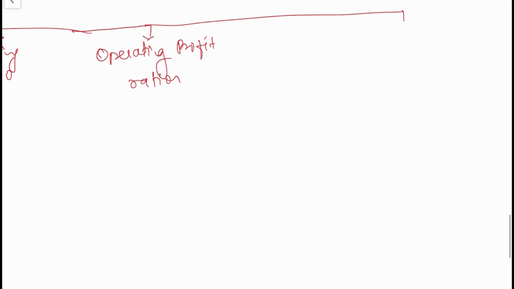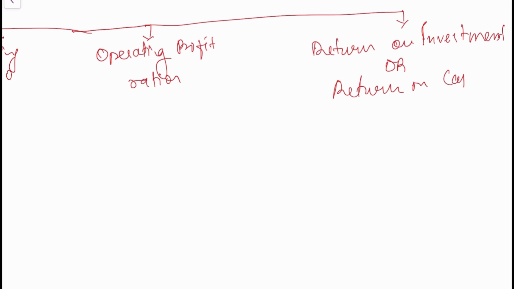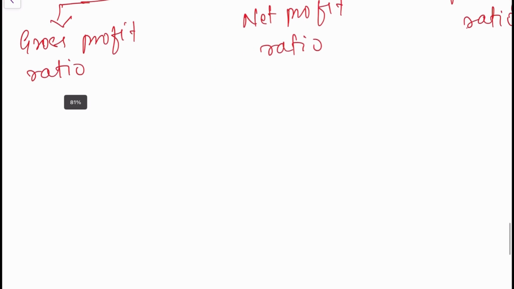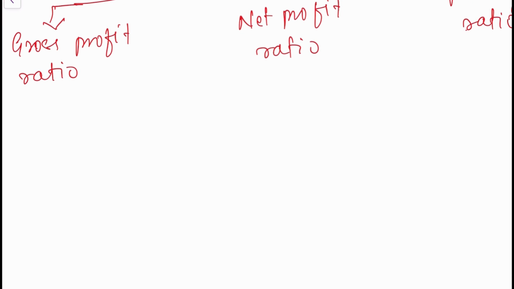Fifth is return on investment or return on capital employed. Okay, so let's start with gross profit ratio.